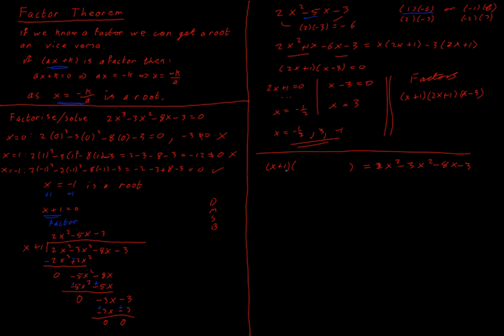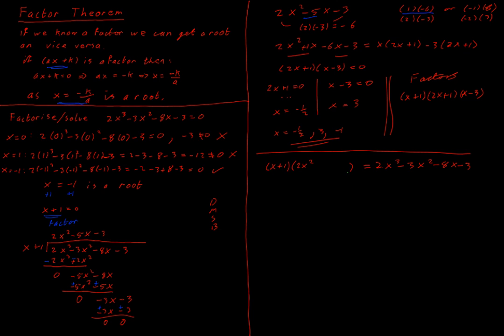What do I know? I know that the first term in the first bracket and the first term in the second bracket multiply together to give my first term, my cubed term here. So x by what gives me 2x cubed? It would be 2x squared. That's the first term in the first bracket.